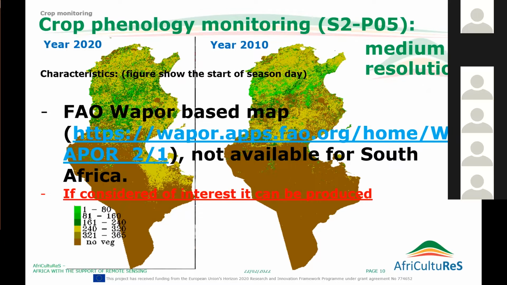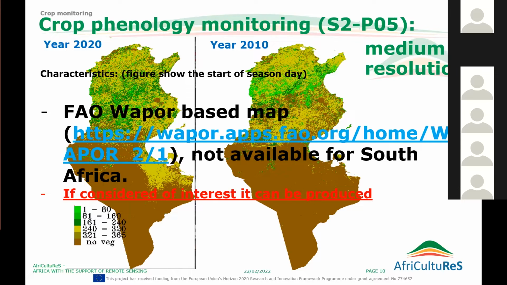We also have another product that unfortunately is not available for South Africa, which is the monitoring of the phenology. We take this product from the FAO WaPOR products, and we produce this in our platforms for the countries for which it is already provided by the FAO WaPOR website.